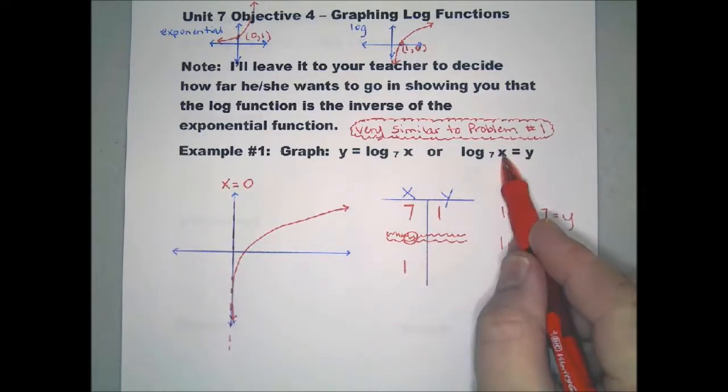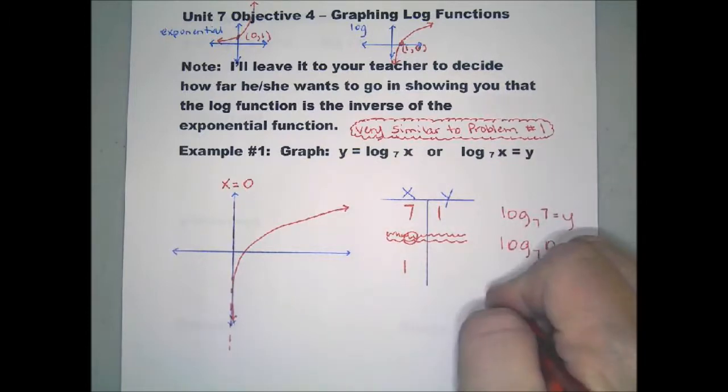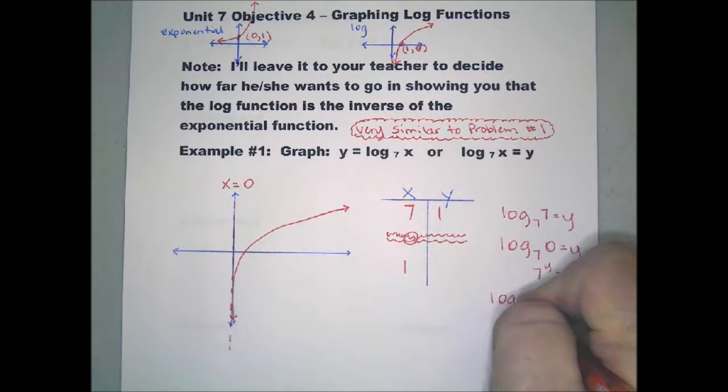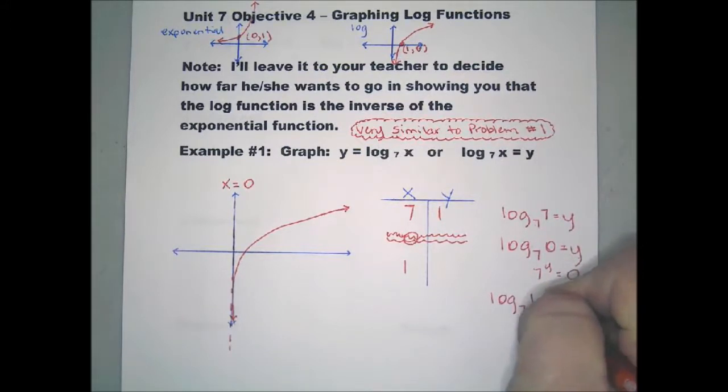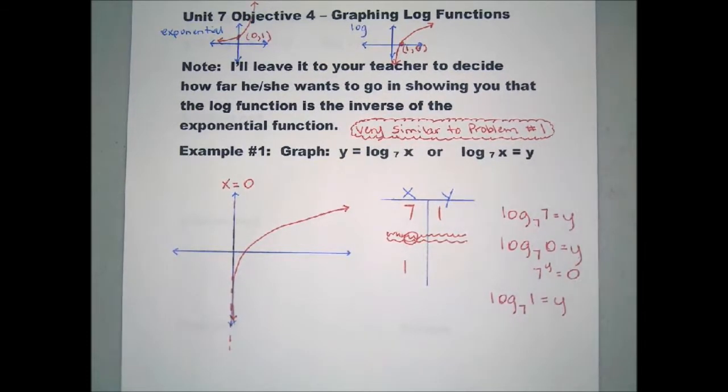If I plug the number 1 in for x, then I would be using the equation log base 7 of 1 equals y. So the question becomes, what power turns the number 7 into the number 1? Or if I took it out of log form and into exponential, the equation would look like that. And we know what power does that.